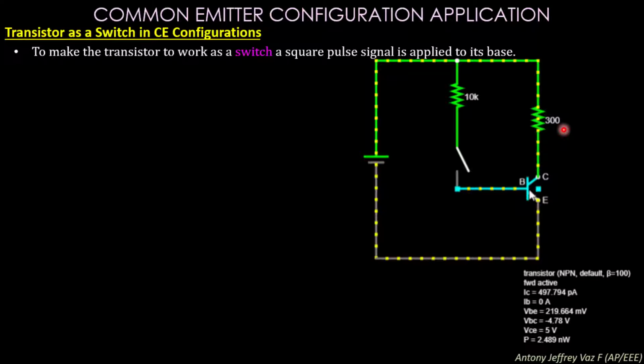Now let us move in. The base emitter voltage VBE should be 0 or a positive voltage. To turn the transistor on and off, you apply a square pulse, which has a positive pulse as well as a 0, that is a 0 end as well as a higher end, the positive voltage. Both voltages, 0 volt and a positive volt, are applied at the base terminal with the help of this switch.